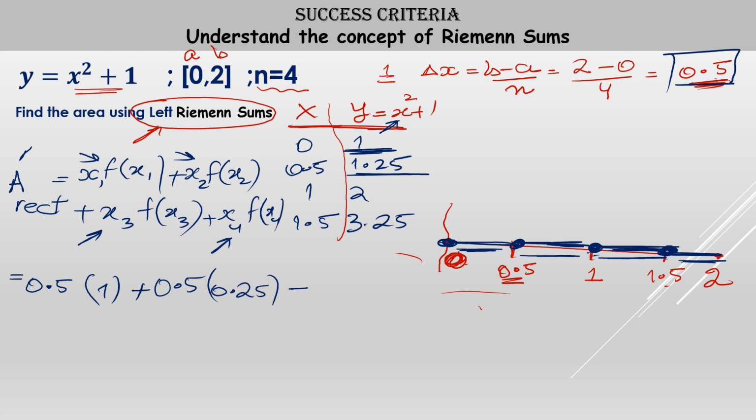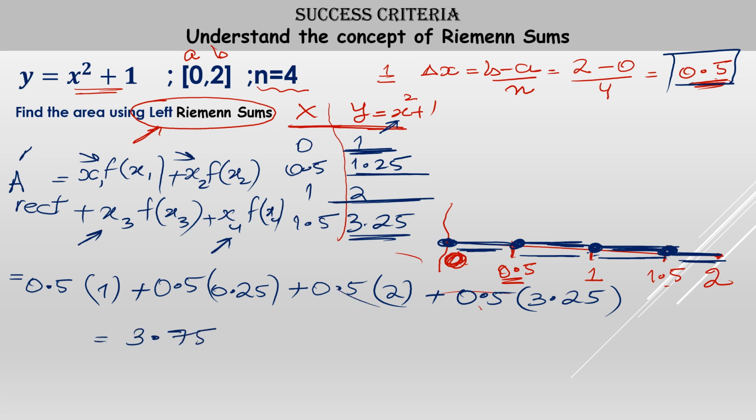On x3 again 0.5 and you already have calculated the length, that is 2. And then the fourth corner is 3.25. Write all in the calculator: 1, 1.25, 2 and 3.25. The answer will be 3.75.